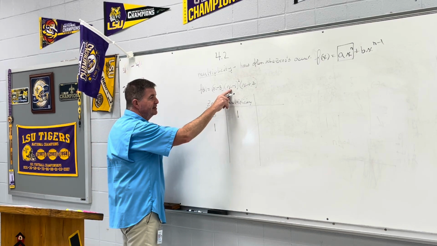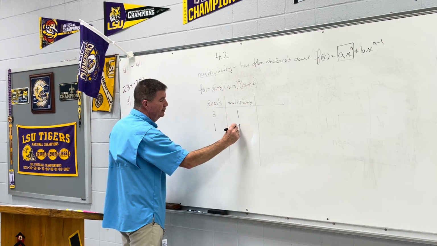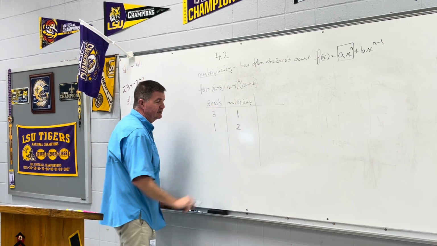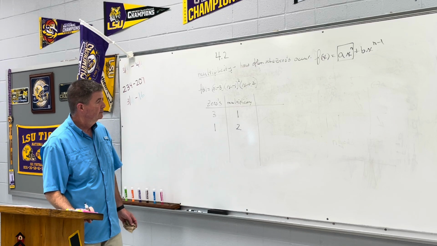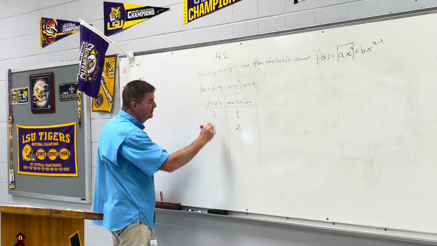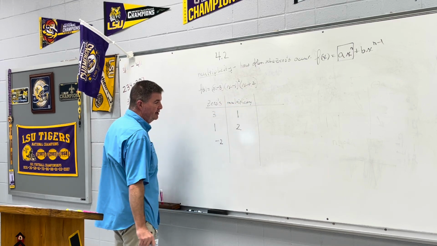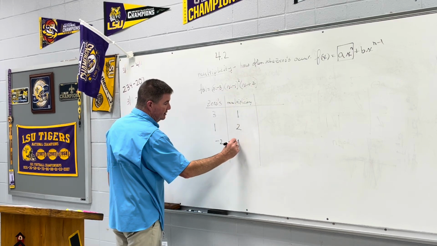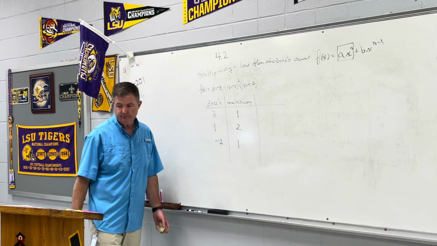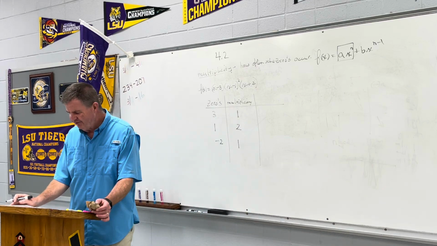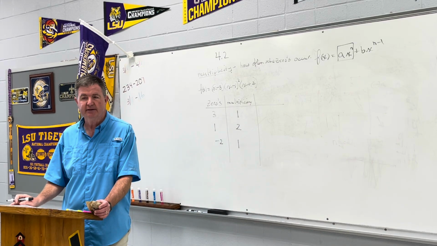The multiplicity, though, is 2 because it occurs twice. It says squared. And the last one is negative 2. Negative 2 plus 2 is 0, and its multiplicity is also 1. That would be filling out a sign chart on the zeros and their multiplicities.